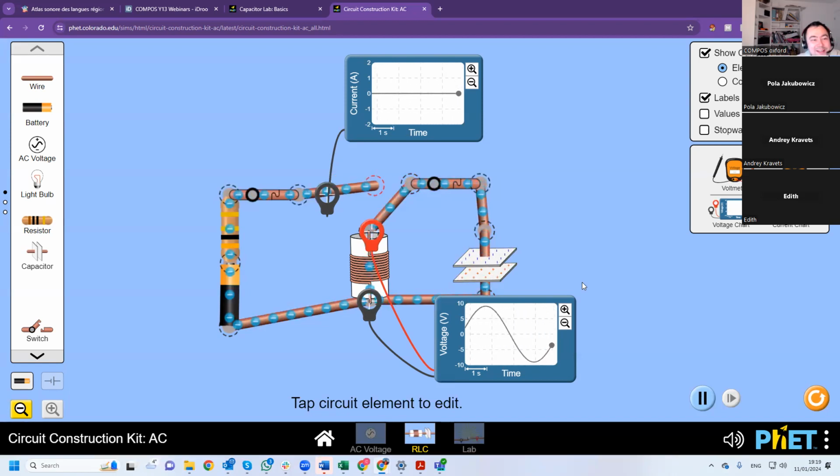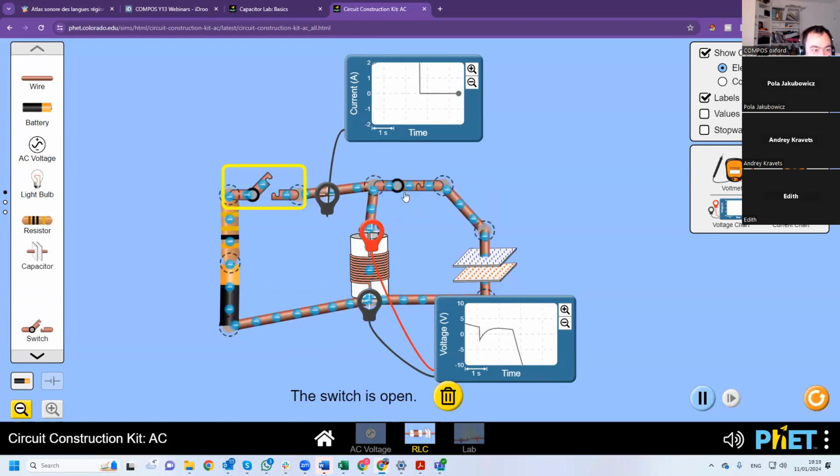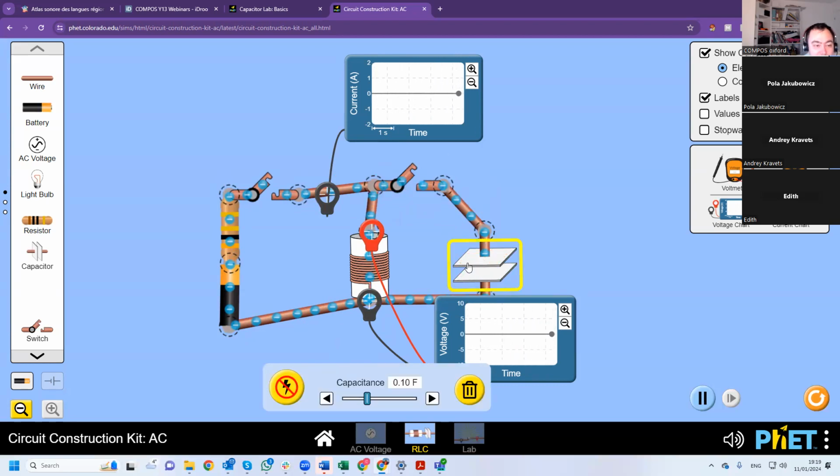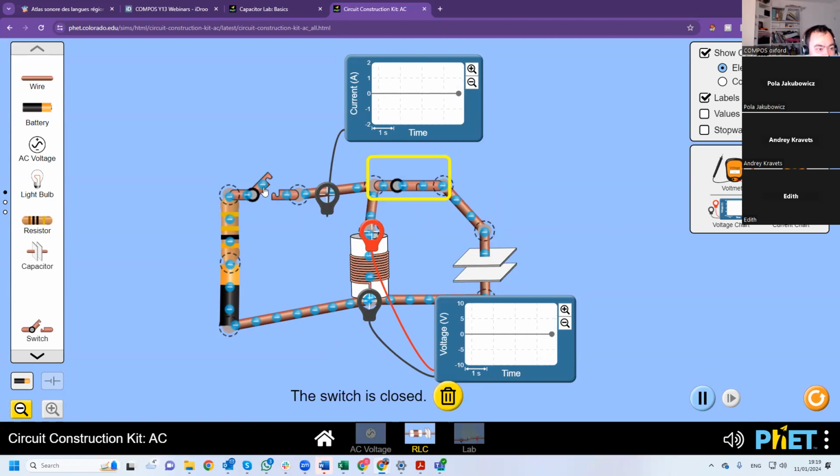But now I play a different game. So I disconnect this and, all right, so I need to discharge the capacitor. So the capacitor is not charged. Now I switch the current on and you can see that there's a current flowing through the inductor.